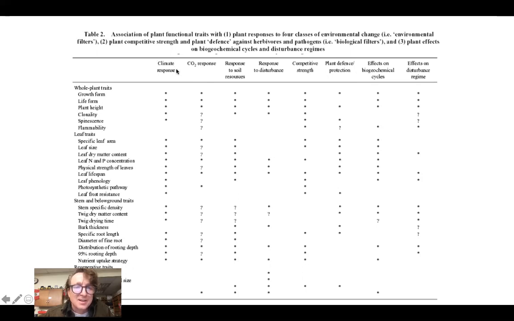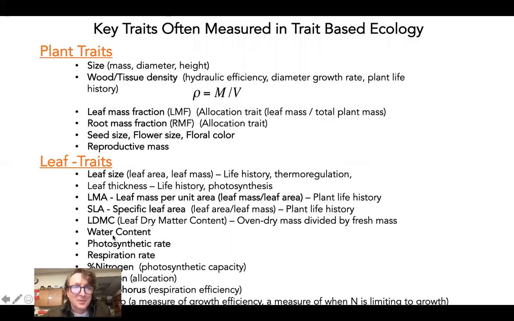For example, how plants may respond to climate, to CO2, to soil, to disturbance, or your competitive strength, or your plant defense, and so on. There are all these different traits that have been shown to make these linkages, that is, reflecting these different ecological or evolutionary processes. So depending on your types of questions, some traits may be more linked than others.